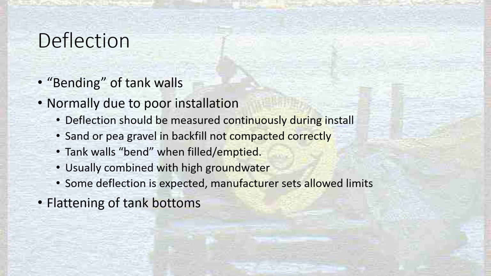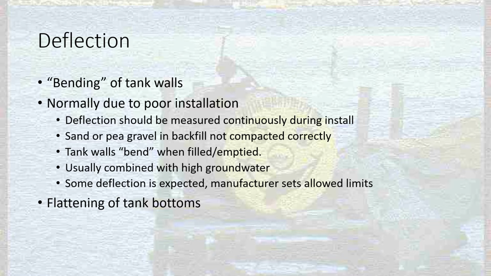So deflection, when we talk about deflection, we're talking about bending of the tank walls. And normally this is caused by poor installation. Usually you're supposed to measure tank deflection the whole time you're installing a tank. So as you put soil or pea gravel backfill around it, you got to make sure it stays compacted.